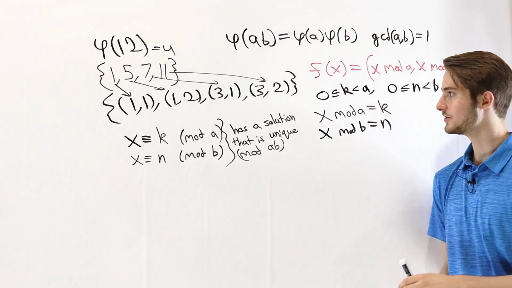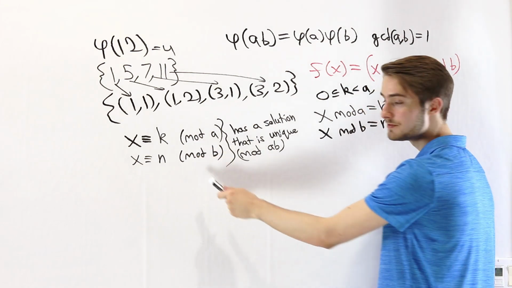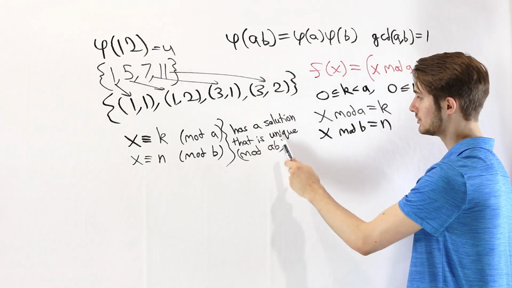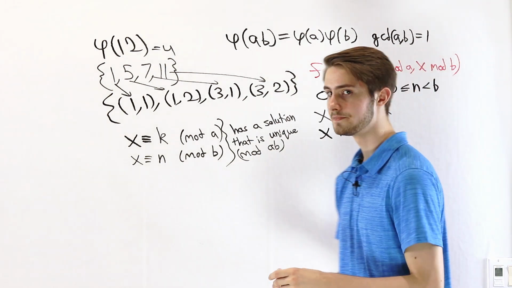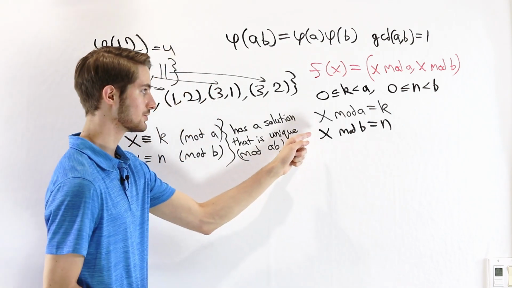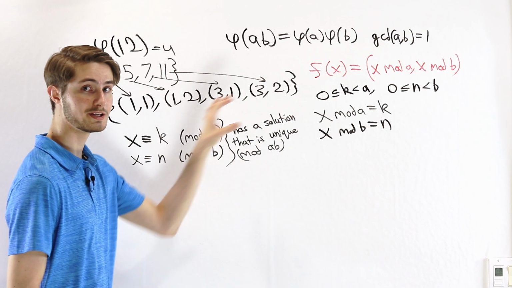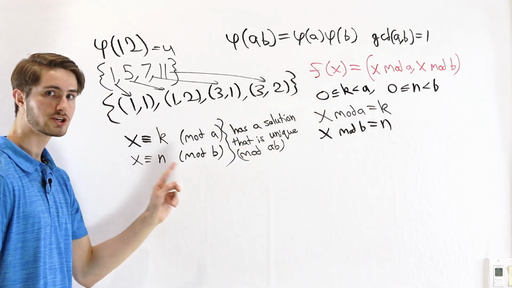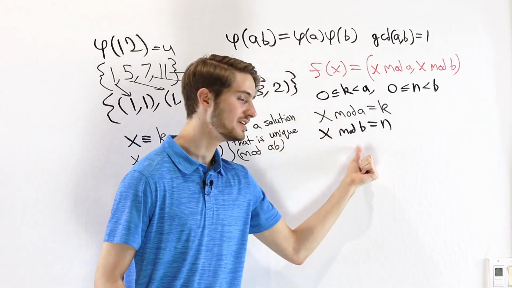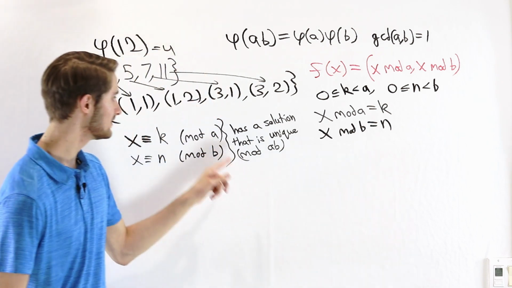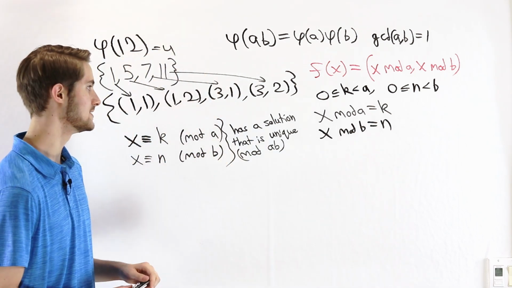So the Chinese remainder theorem says that this system of these two congruences has a solution that's unique mod AB. Because these two equations over here are equivalent to this system of congruences, they're describing the same thing, by the Chinese remainder theorem, we know that this system of equations has a solution that's unique mod AB.